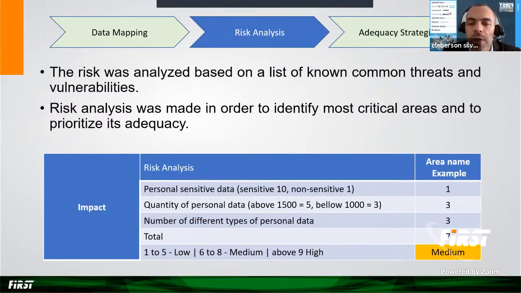The impact consists of personal sensitive data, where sensitive data has value 10 and non-sensitive data has value 1, and the quantity of personal data, meaning the number of different types of personal data. In this example, we have three: employees, partners, and external agents.